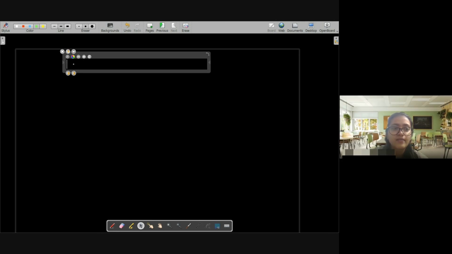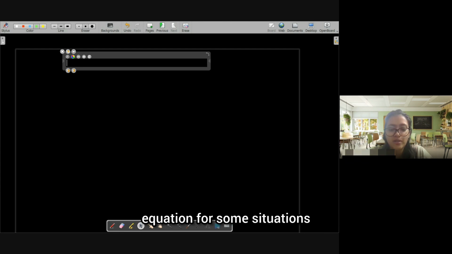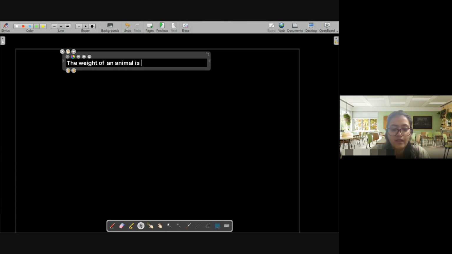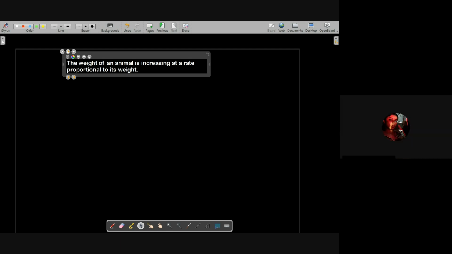So now we will have to write a differential equation for some situations. Let's say the weight of an animal is increasing at a rate proportional to its weight.